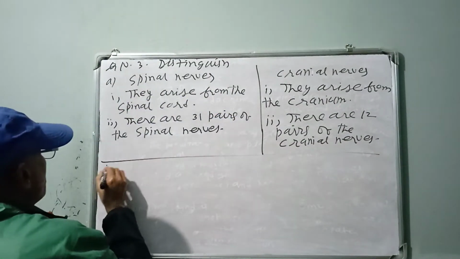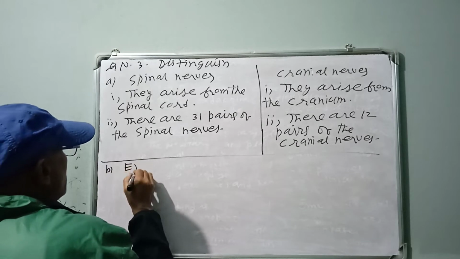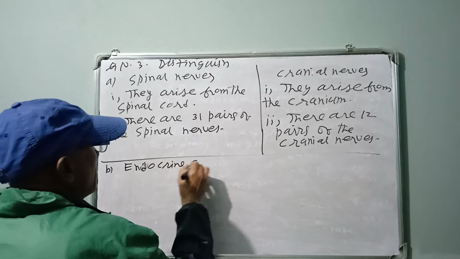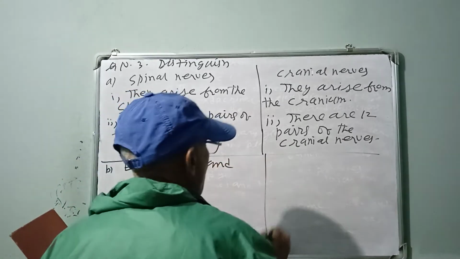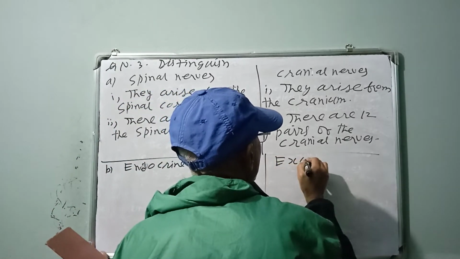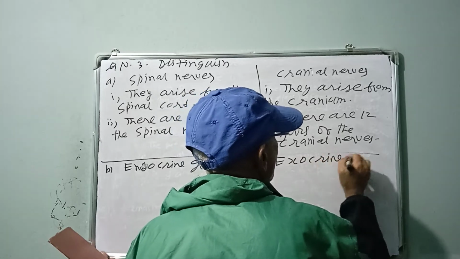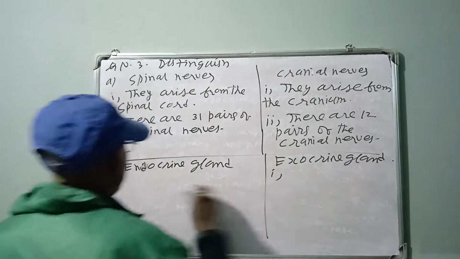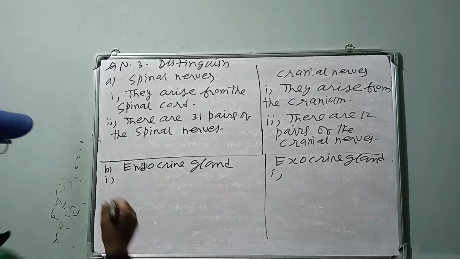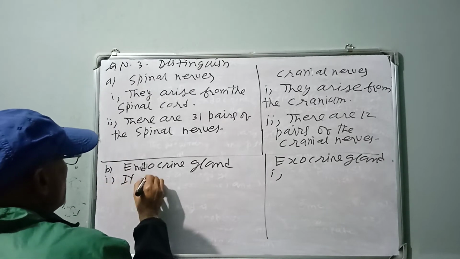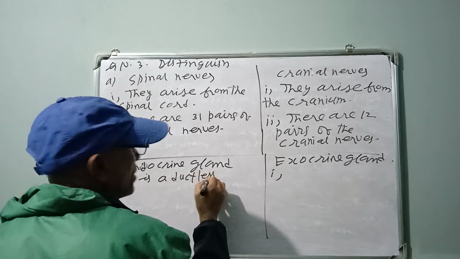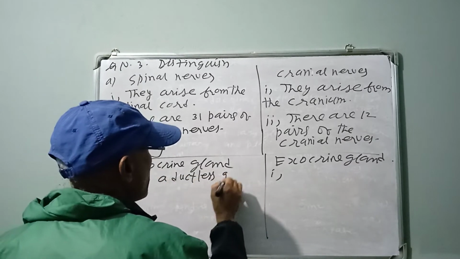Question number B. Endocrine gland and exocrine gland. The first thing I write down, Endo भन्ने it is a ductless, no duct, no pipe gland.